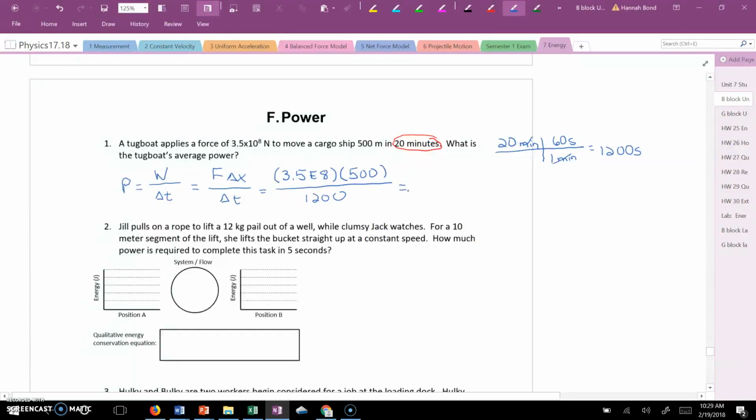So if I do this math, I get a very huge power rating, but this is a big tugboat applying a lot of force. I get 1.458 times 10 to the 8th watts. Okay?